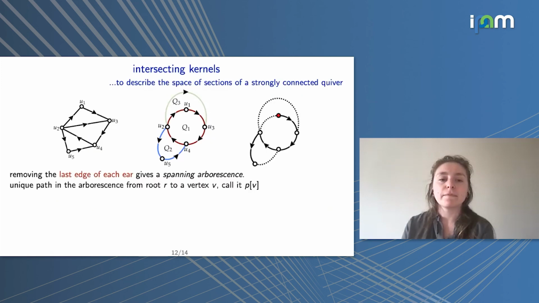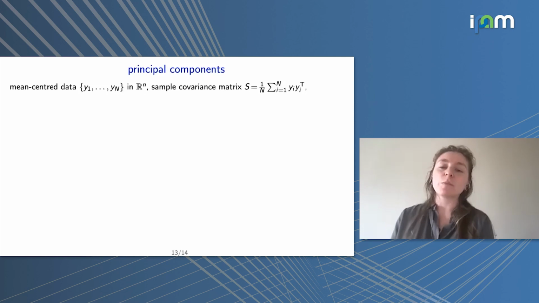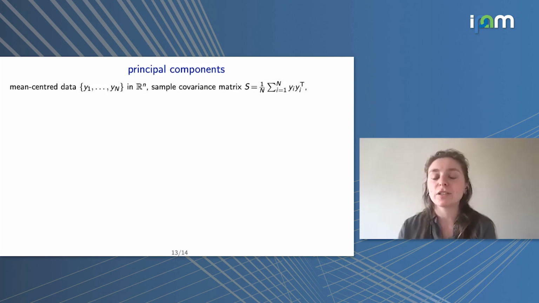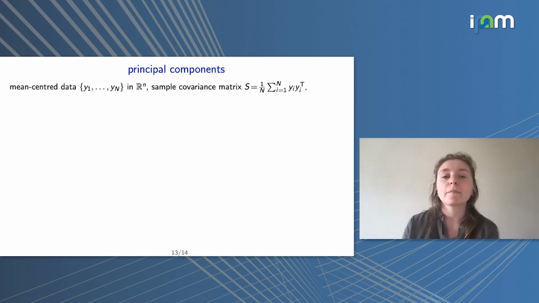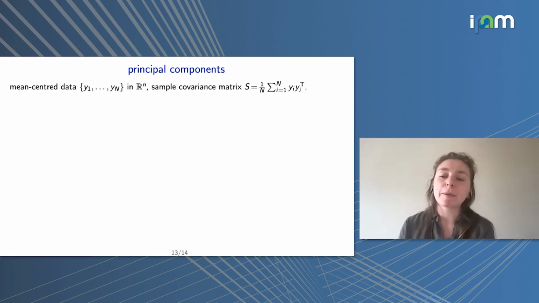And instead, I will go back to the original motivation for constructing this space of sections, which is the idea of computing low-rank approximations that respect these linear maps between our different blocks of measurements. So in this final slide, I'll describe what it means to compute principal components in this setting.